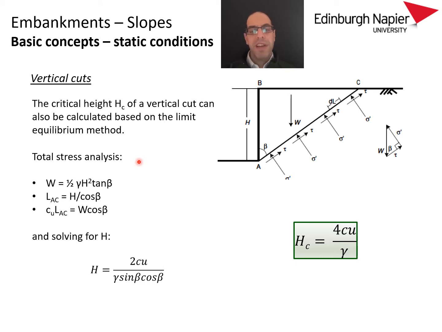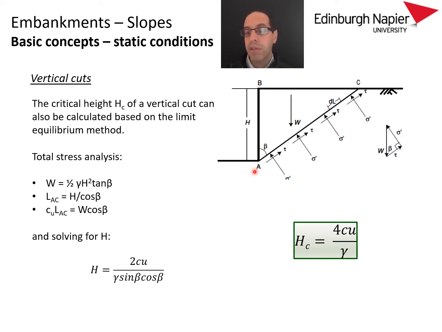I just want to emphasize that whatever the geometry of the slope, we are following the same approach. We have here the case of a vertical cut that I also showed for those of you who were here last year. And in this case, during the first step where we assume the failure surface, we have this inclined surface.